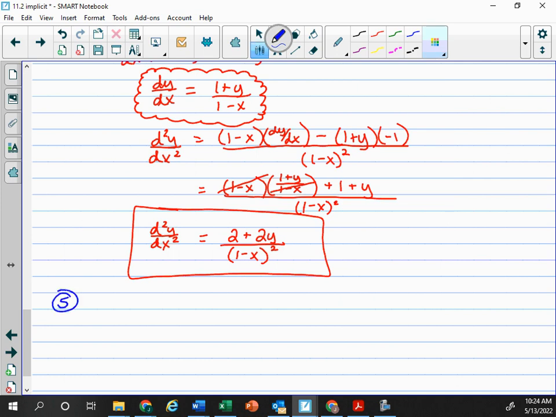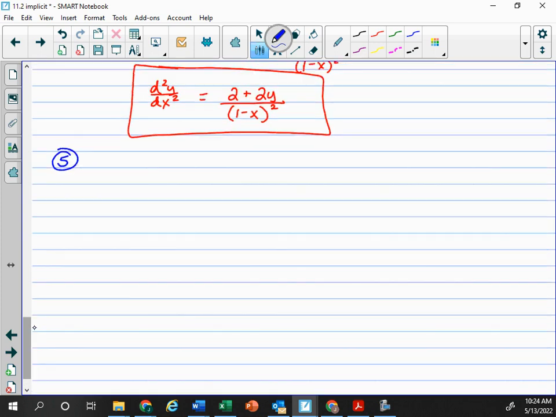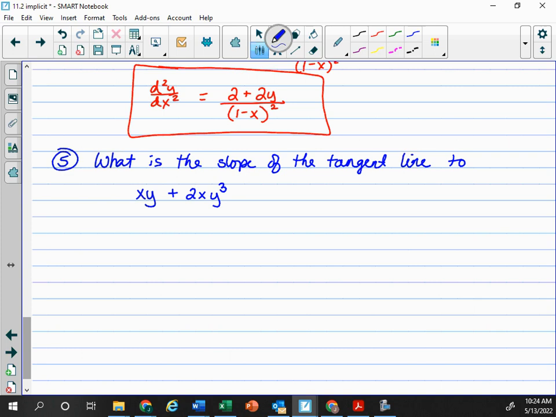All right, let's do... What is the slope of the tangent line to xy plus 2x y cubed equals 6 at the point 2, 1.